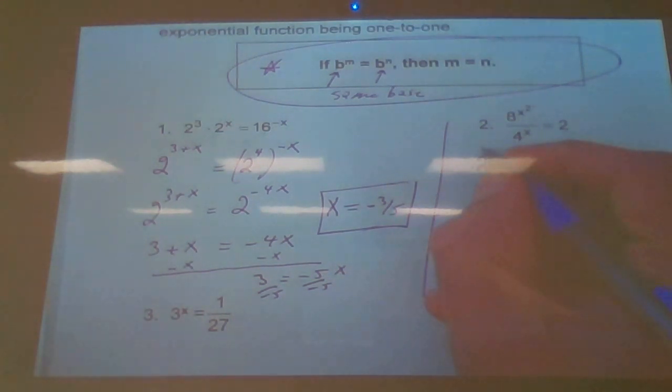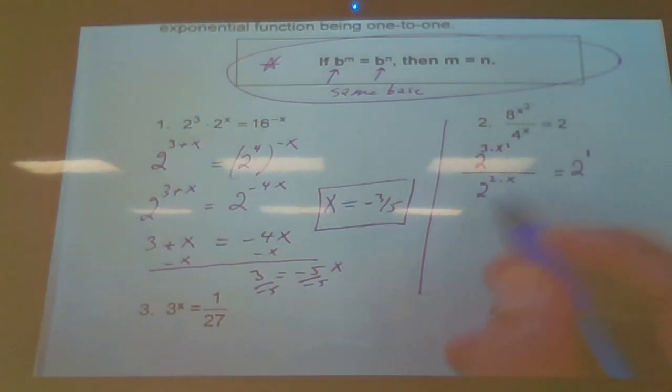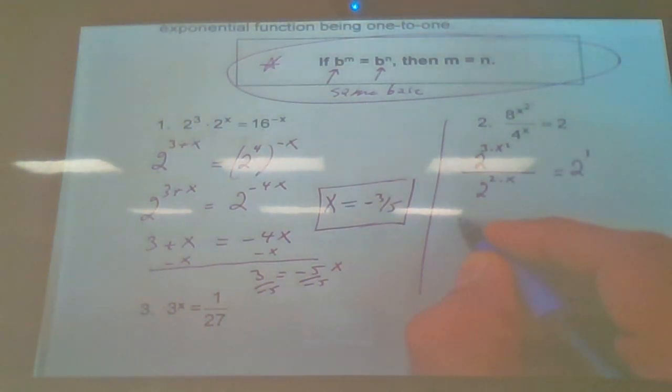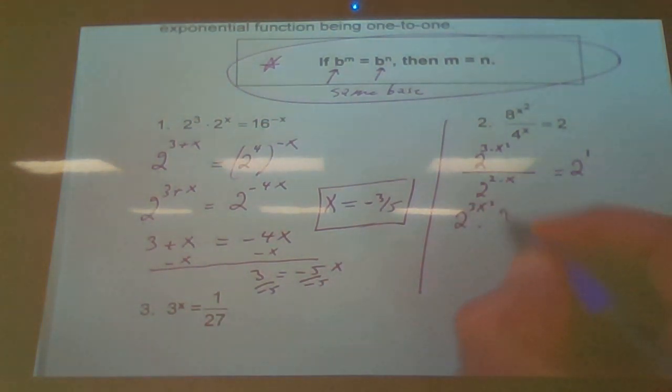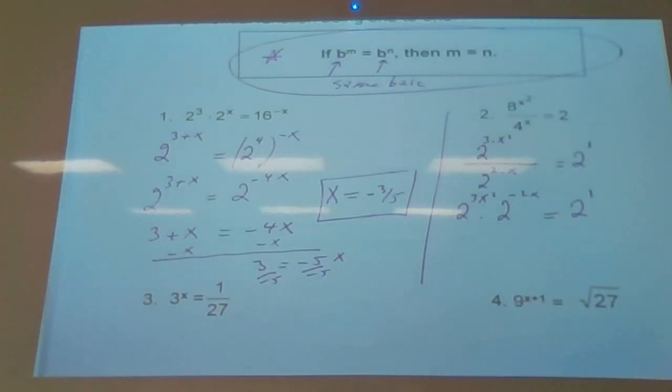It's 2 to the 3 times the x squared over 2 to the 2 times the x is equal to 2 to the 1. So I'm going to bring this up. So I have 2 to the 3x squared times 2 to the negative 2x. Remember, you change the sign when you bring stuff up or down.